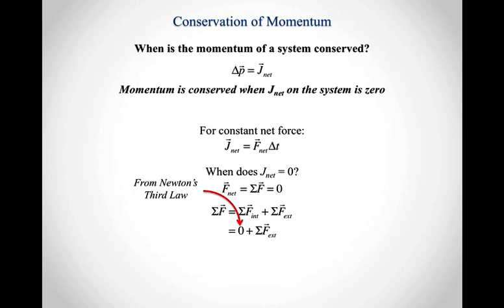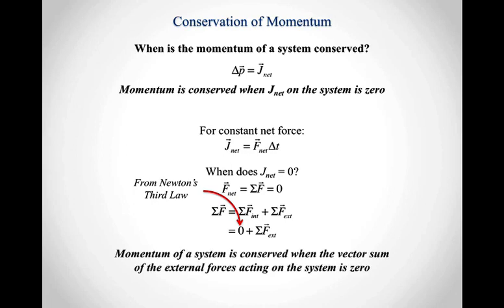So the net internal force acting on your system is always zero thanks to Newton's third law. So the total net force is really just going to be equal to the net external force. And so the momentum of your system is going to be conserved when the vector sum of all the external forces acting on the system is zero.